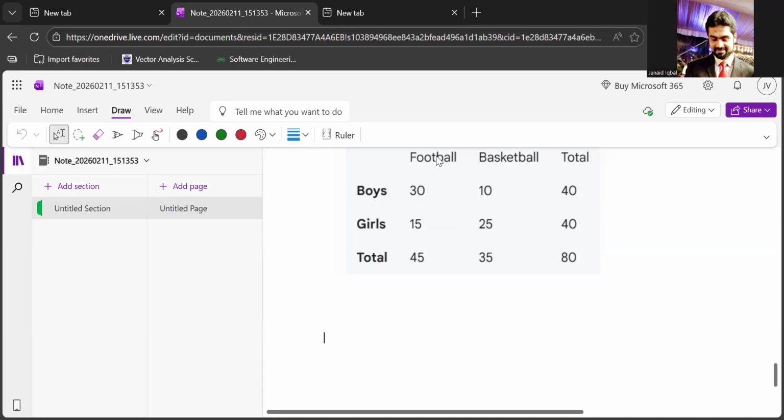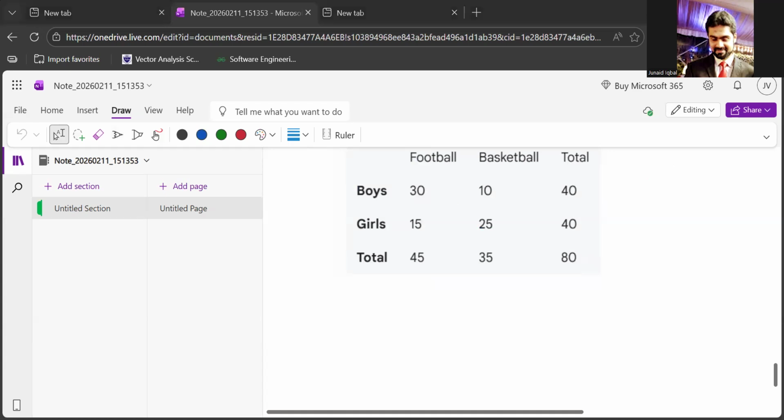The boys who are playing football are 30. The boys who are playing basketball are 10. The total boys are 40. Similarly, the girls playing football are 15, and the girls playing basketball are 25. The total girls are 40. The total number of students playing football, including boys and girls, is 45. The total playing basketball is 35. And 80 is the total number of students, boys and girls.